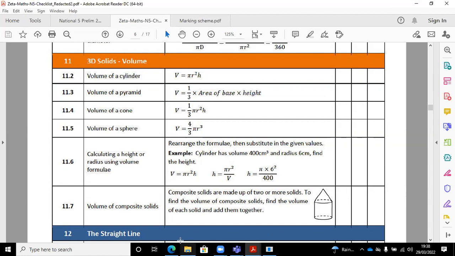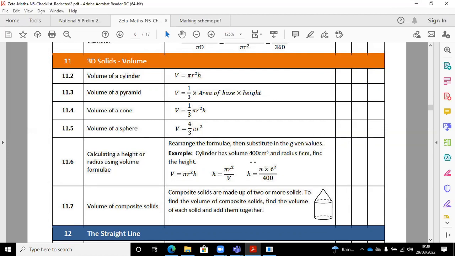So 11.7, volume of composite solids. The other direction they can take this question is asking you to rearrange, because they're looking for us to rearrange something with a square in it. So that's a decent chance question 11.6 comes up.